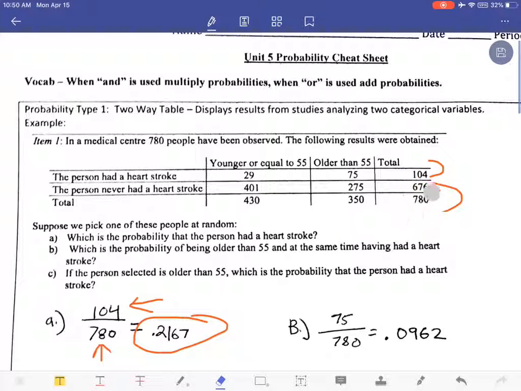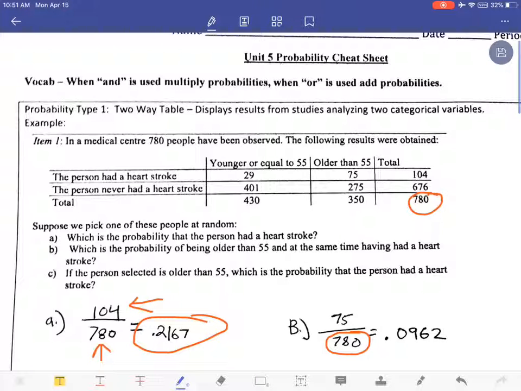Let's move on to part B. So part B says, what's the probability of being older than 55 and at the same time having had a heart stroke? So again, there's no restriction at the top of this, like given that the person was older than 55 or given that the person has had a heart stroke. So we're still going to use the 780 as our total right here because there's no restriction to who we're looking at.